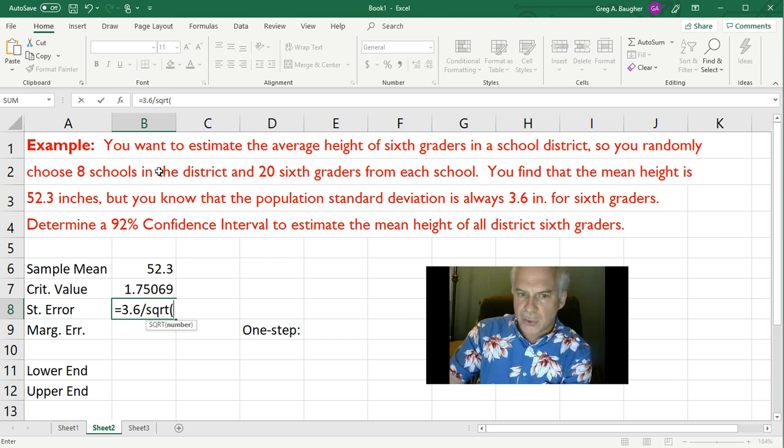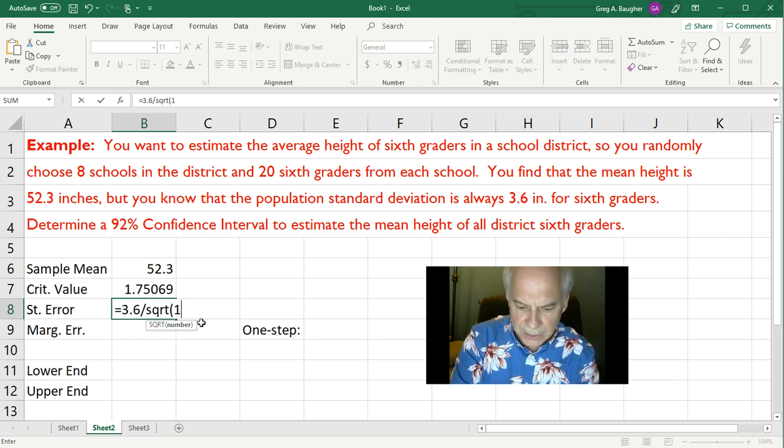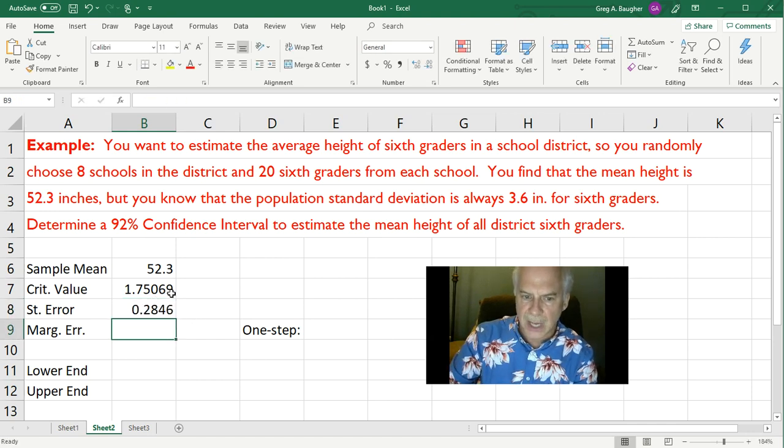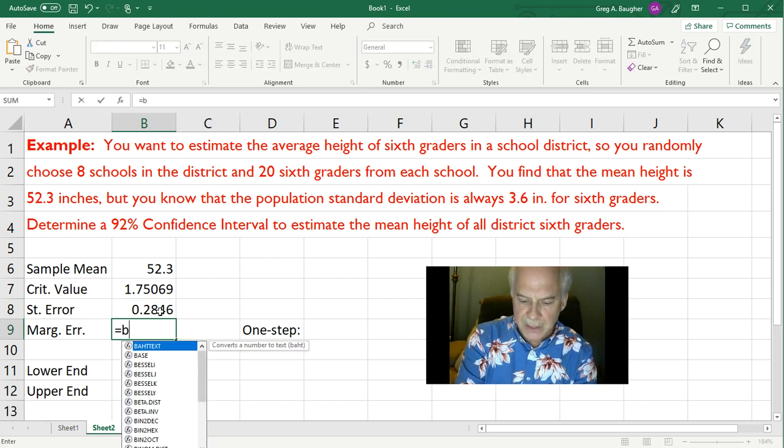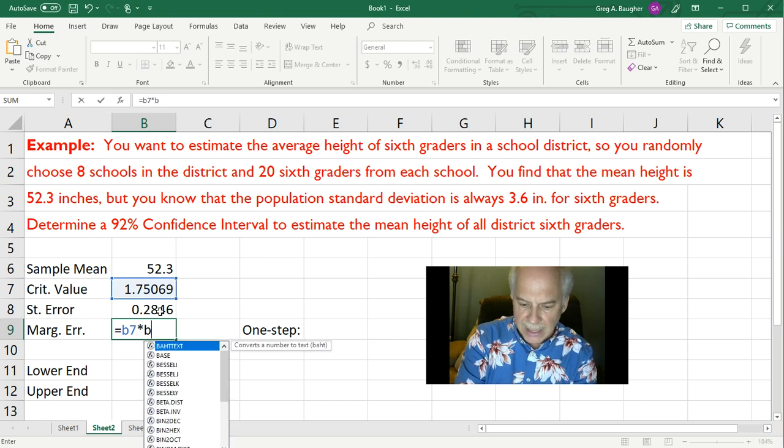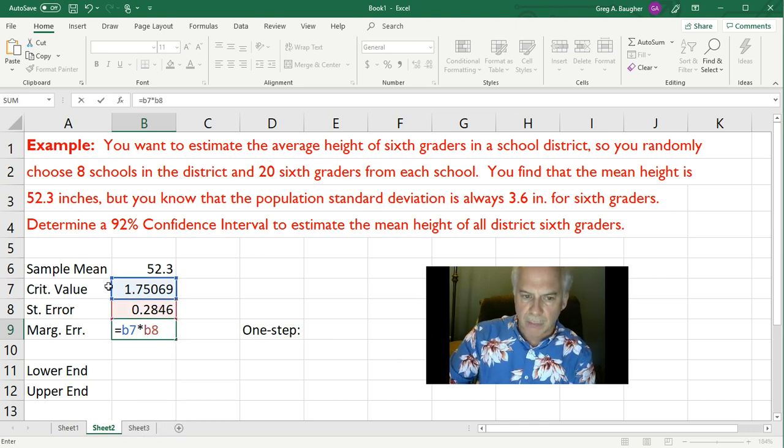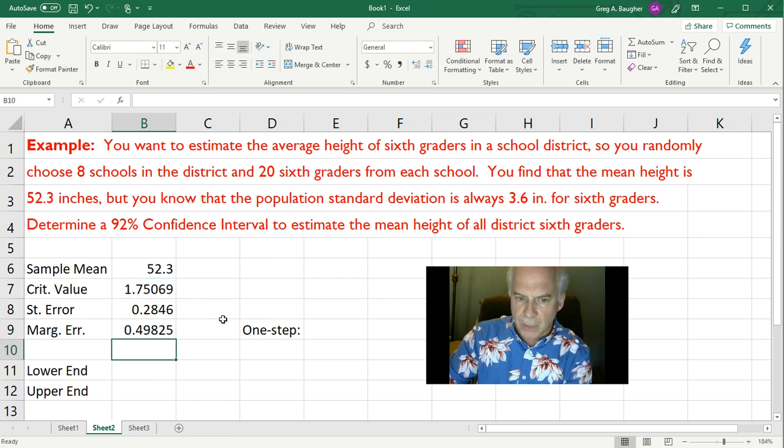Well, you have 8 schools with 20 graders from each school. So 8 times 20 is 160. So square root of 160. So that's your standard error. And then your margin of error, you just go equals B7 times B8, because we want to multiply the critical value times the standard error, and that gives you your margin of error.